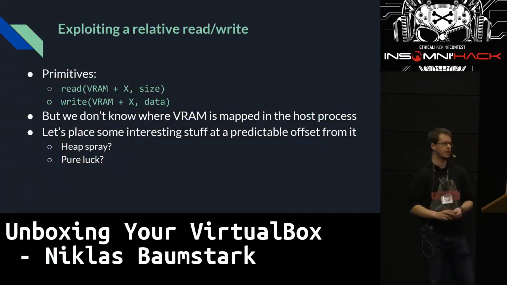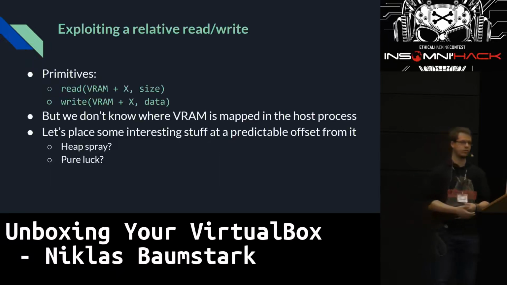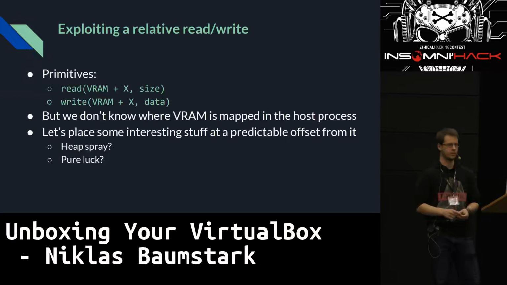Now by copying data out of the VRAM inside of it, we can leak information. And by copying data from inside the VRAM out of it, we can overwrite stuff that's outside of the VRAM. But we still don't know where this VRAM is actually located in the host, so ASLR is still an issue.